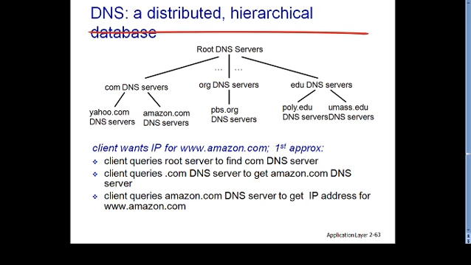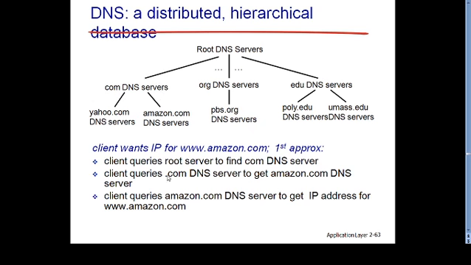Then the client queries a root server to find the .com DNS servers, because this address has a commercial extension. So the client requests the commercial top level domain server for this address.